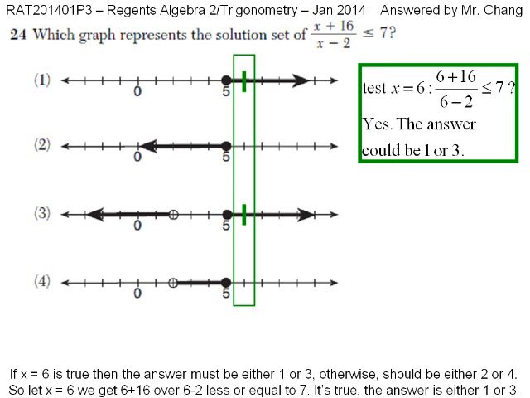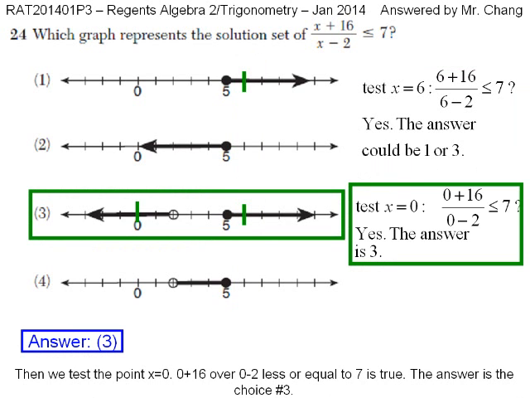If x equal to 6 is true, then the answer must be either 1 or 3. Otherwise, it should be either 2 or 4. So, let x equal to 6. We get 6 plus 16 over 6 minus 2 less than or equal to 7. It's true. The answer is either 1 or 3.